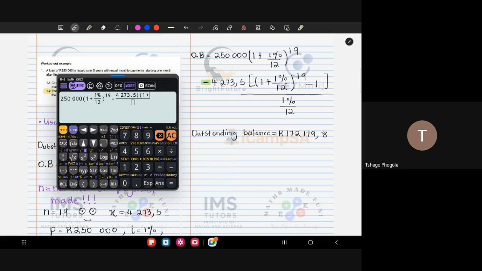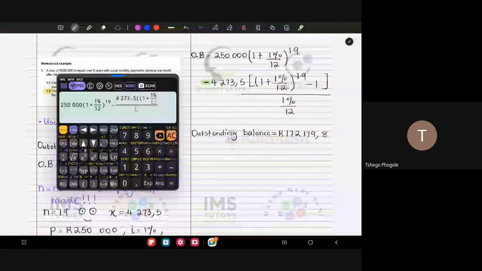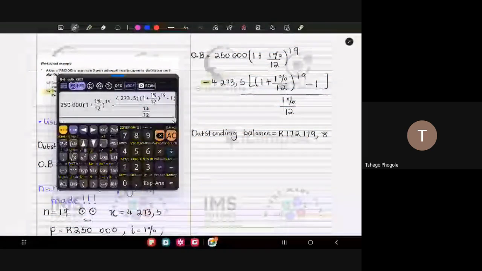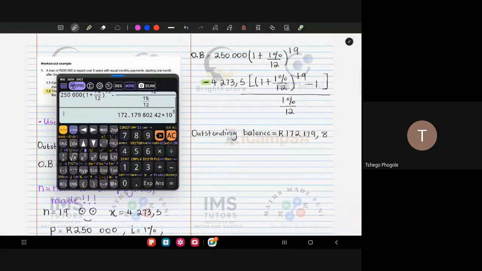We'll have 1 plus the interest rate, which is 1%, divided by 12, close that bracket, all to the power of 19. Then minus 1 and close that bracket. So we need to divide by 1% divided by 12. Okay, 190. So it gives us what you guys said.